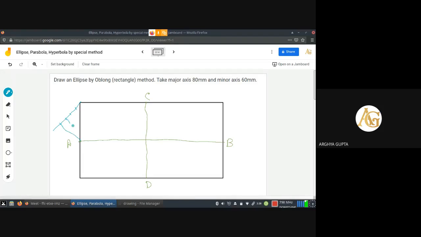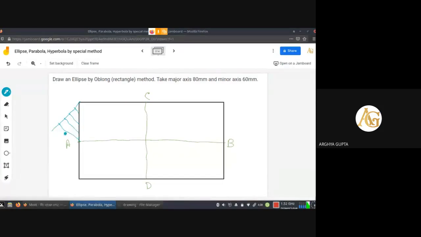I repeat again, these are all construction lines, so that will be thin. Okay, so we have divided this into 4 equal parts. So let us give names. So here 1, next point is 2, next point is 3. So 1 to 3 points are found.